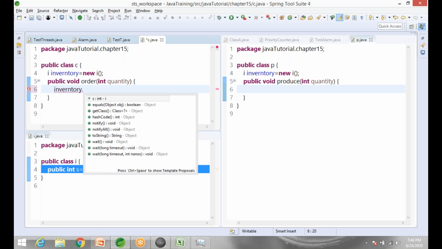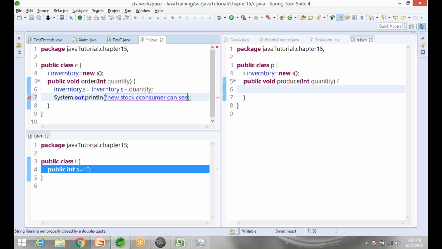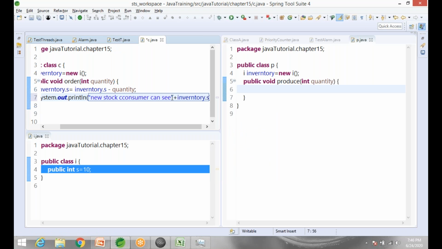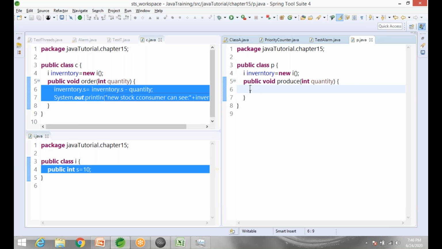Inventory dot s equals s minus quantity. New stock the consumer can see is inventory dot s. Okay, now in case of producer, what will be the code here?